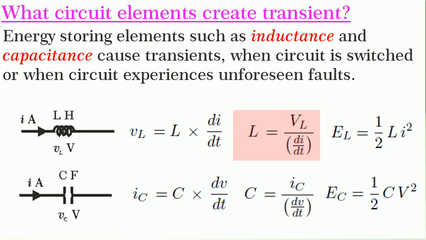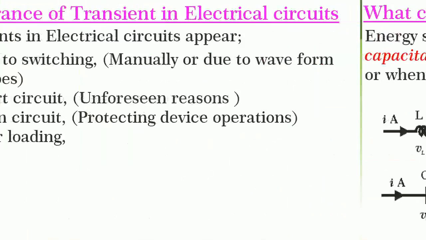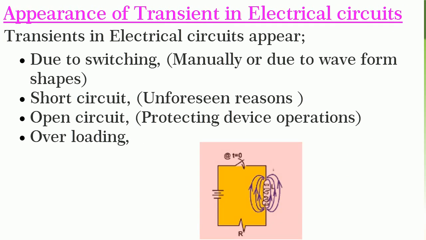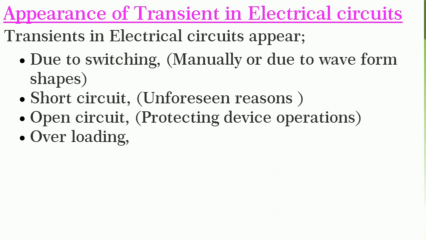Observe the equation for L. You see that di by dt appears in the denominator, and that is the reason. Further, you also know that energy stored in inductance EL is equal to half L i square, and this energy is stored in the form of electromagnetic field in the inductance.